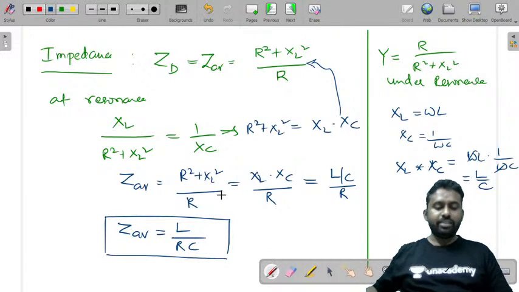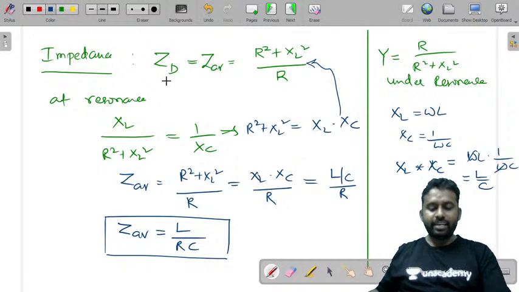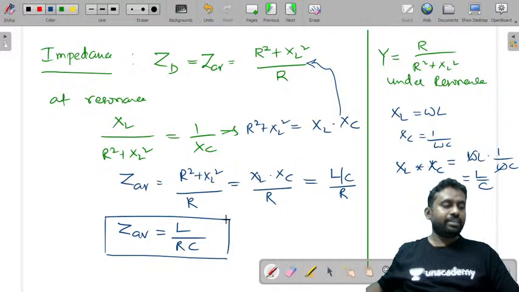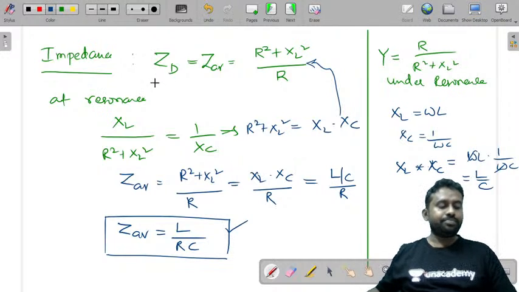In problems, you'll be given a parallel resonance circuit and asked to find the dynamic impedance. It is L by RC.